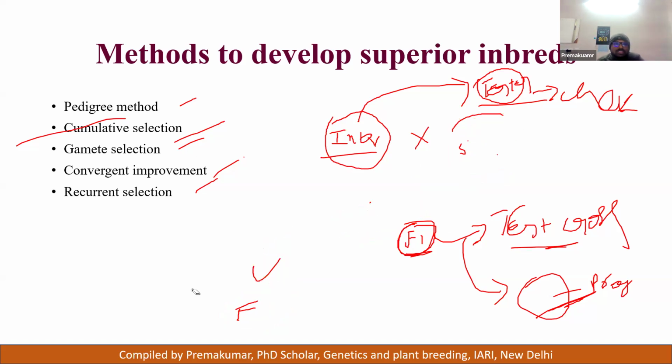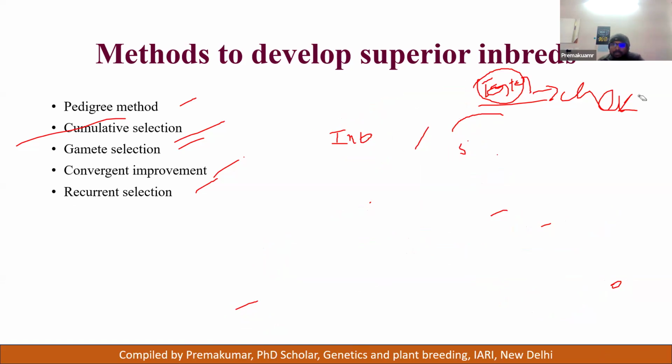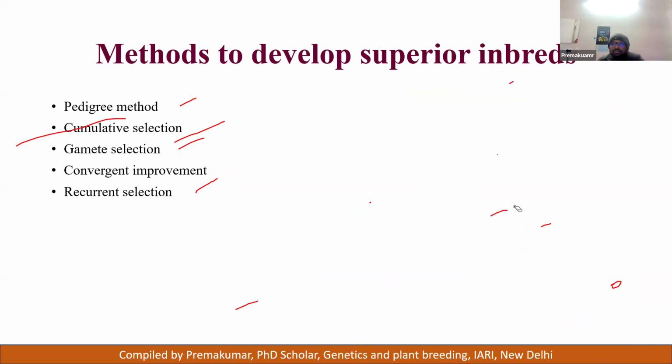Then another method is called convergent improvement, which was given by Richey. What does it mean? Normally, inbred development is based on combining ability. You have to choose for combining ability.